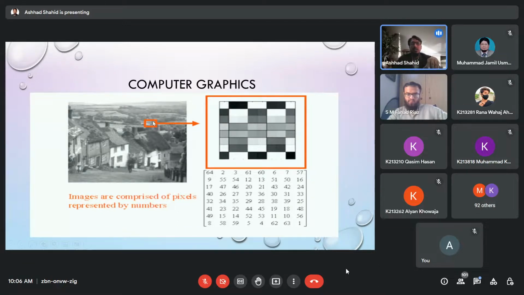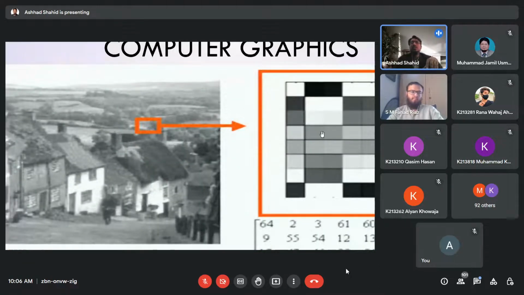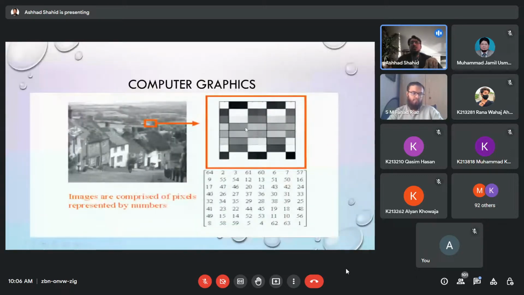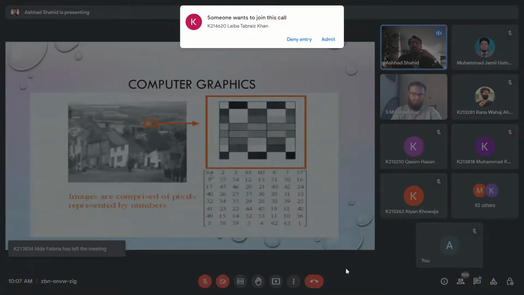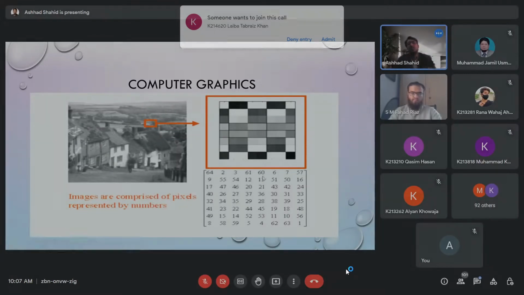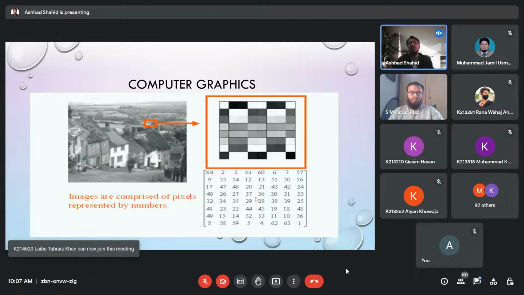You can see the zoom in of this part is shown this way. We have different shades here, like black, white, gray, dark gray, and these shades are given weights, like 64, 2, 3, 61, 60, and so on. So this is basically the matrix representation, and this is just because of the resolution that is being shown.